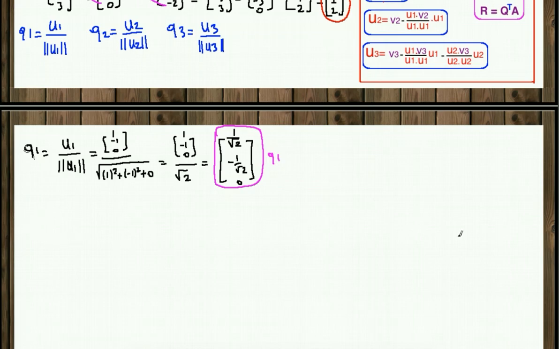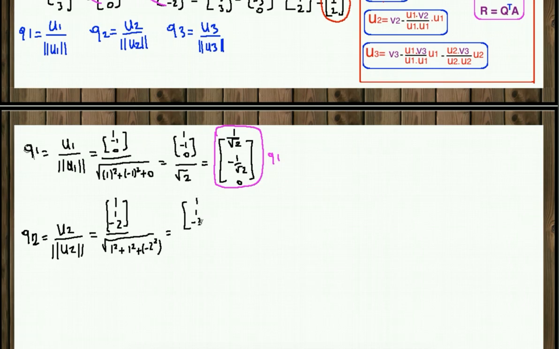Our q2 is given by u2 divided by its magnitude or its length. Our u2 was 1, 1, negative 2, divided by its length, 1 squared plus 1 squared plus negative 2 squared. 1 squared is 1, 1 squared is 1, negative 2 squared is 4, altogether square root of 6.